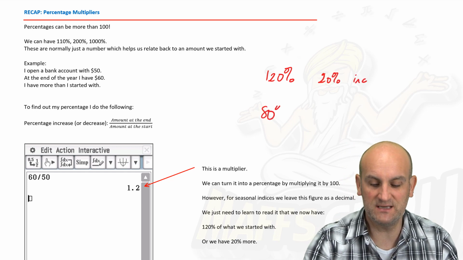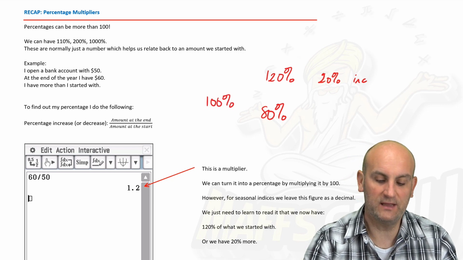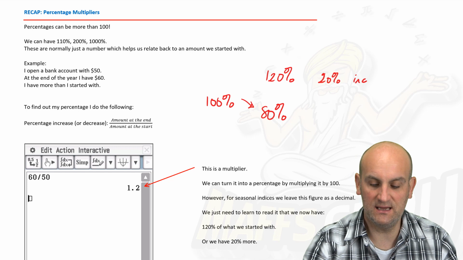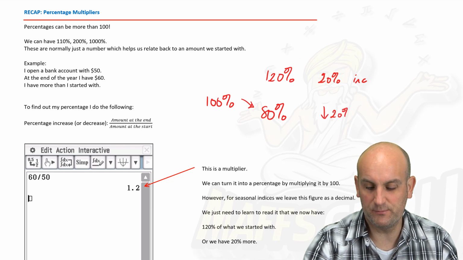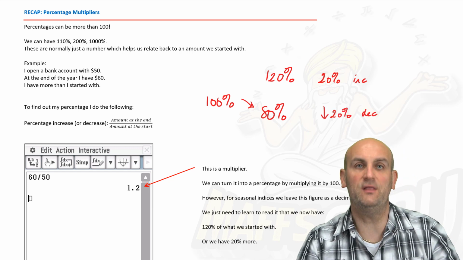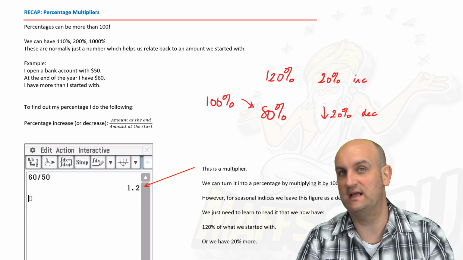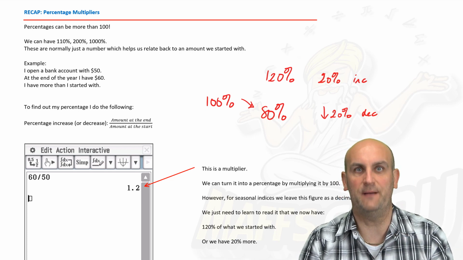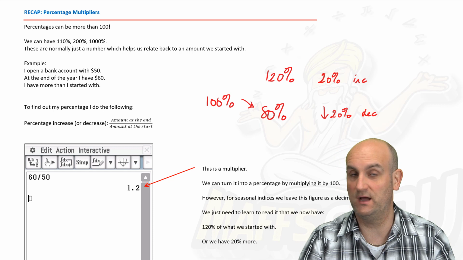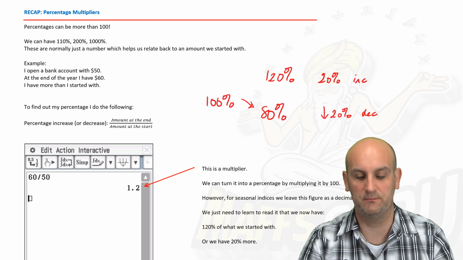If I have 80%, then if we use 100% as my reference, then to get from 100 to 80, I've had a 20% decrease. Now, if you can get that understanding crystallized, then life is absolutely amazing for you, because the rest of it, I promise you, is just interpreting numbers.